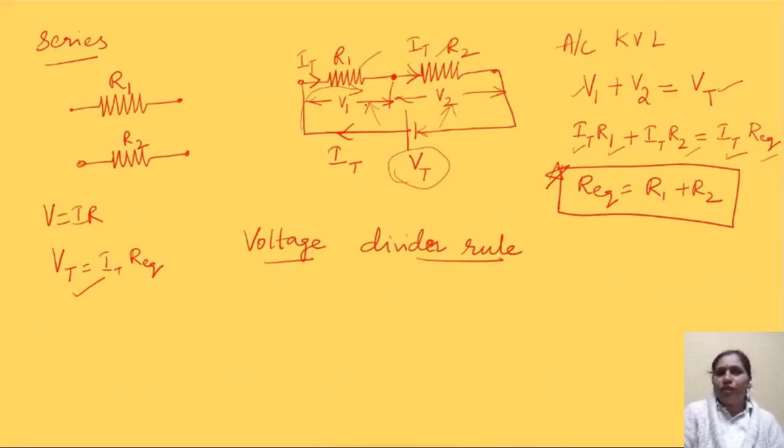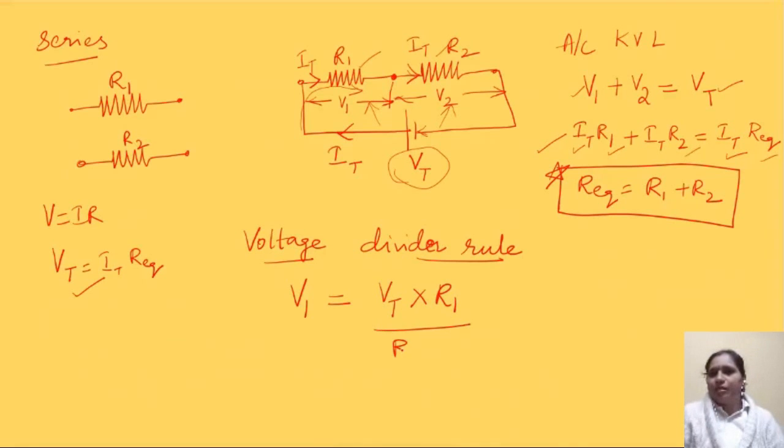To know the voltage drop across each resistor, you can either use this method or find it directly by using the formula given. The voltage drop across resistor 1, V1, equals the total voltage into the resistor for which we are finding the voltage drop, divided by the sum of all the resistors.